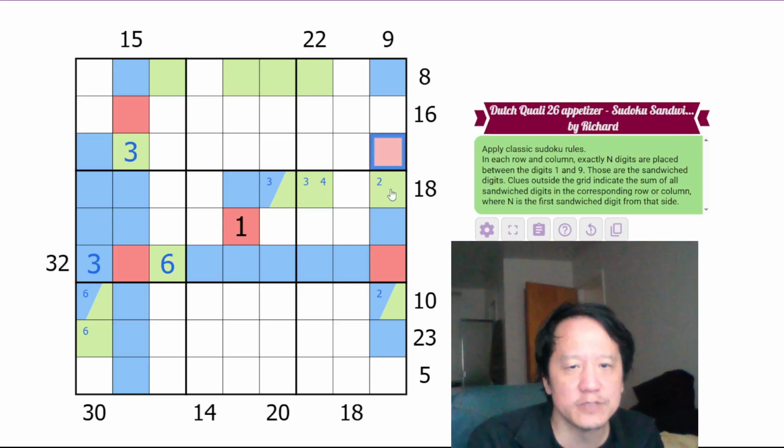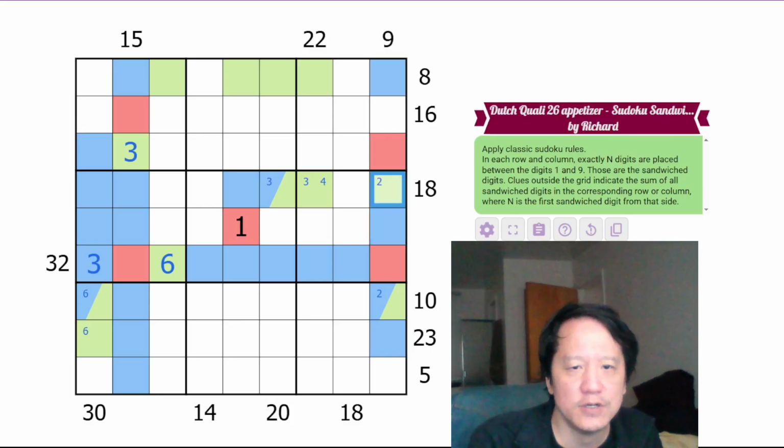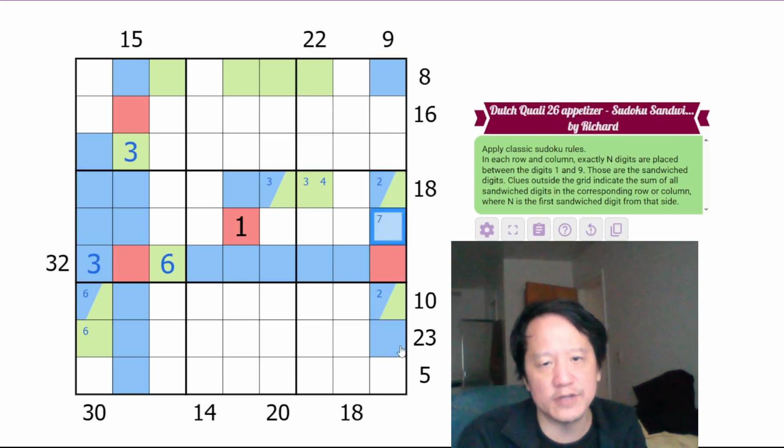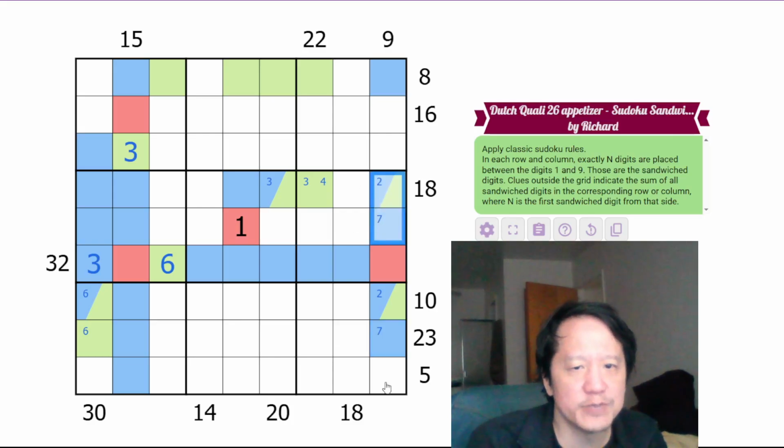And the crust has to be 2 and 7 here. Actually, that's not true. We just know one of these is 2. My apologies. This could be 2 or this could be 2. That means we have to have a 7 here or here. We're not sure which. So this must be a 2-7 pair, adding up to 9 between the crusts.